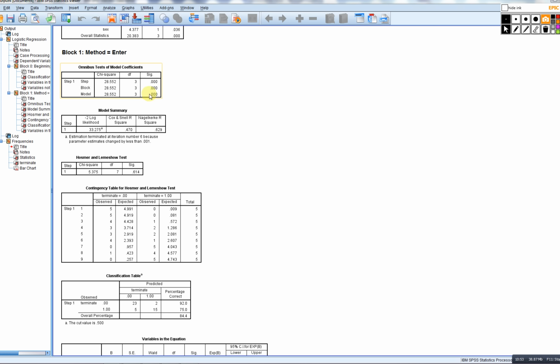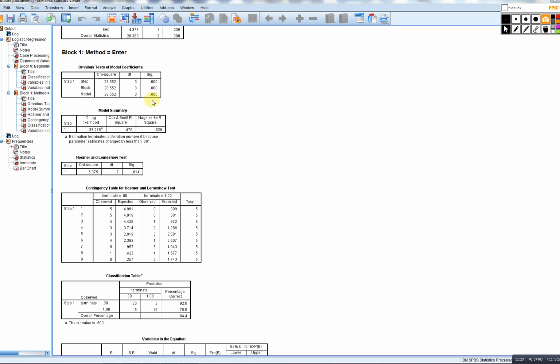If this chi-square value is statistically significant, we would interpret this to mean that our prediction model fits the data significantly better than a null model with no predictors. So we're comparing our predictor model against a null model, and if this is significant, then we have a significant improvement in fit.